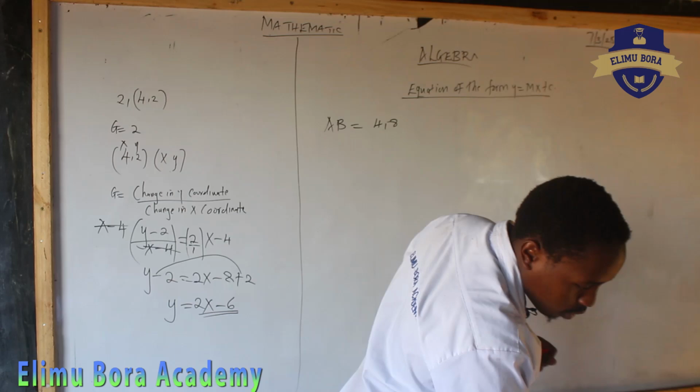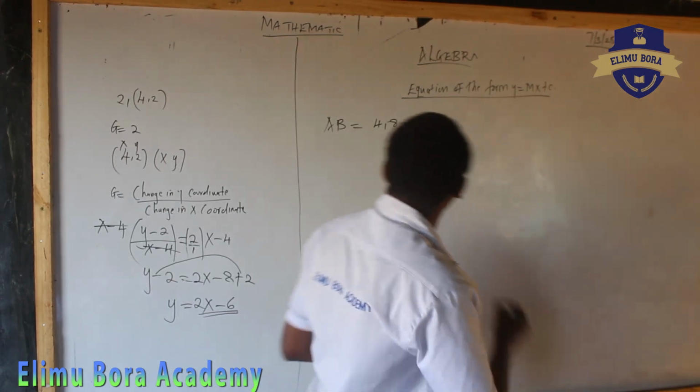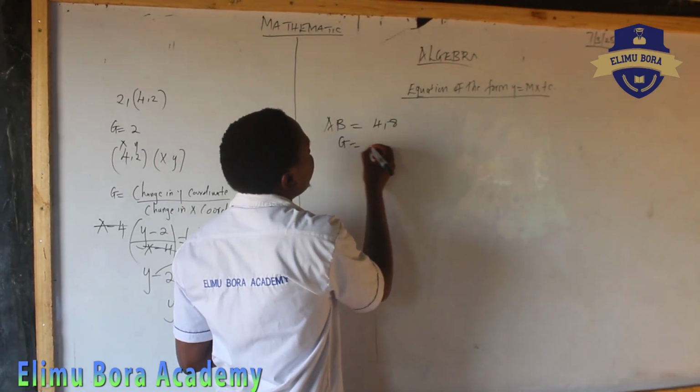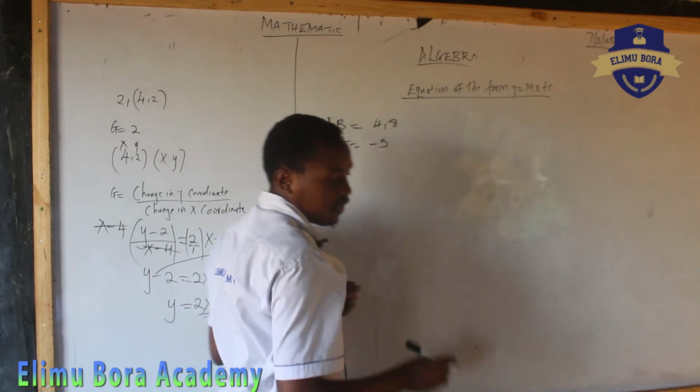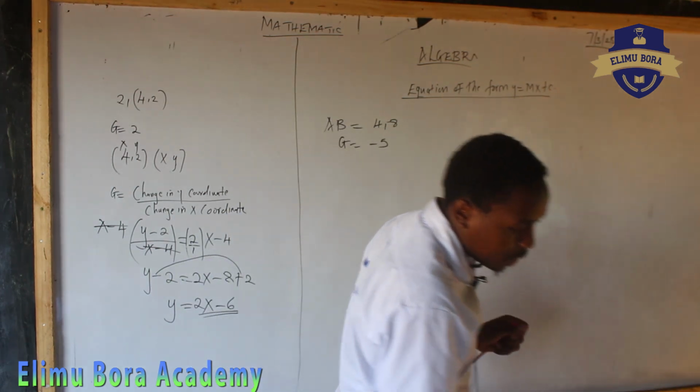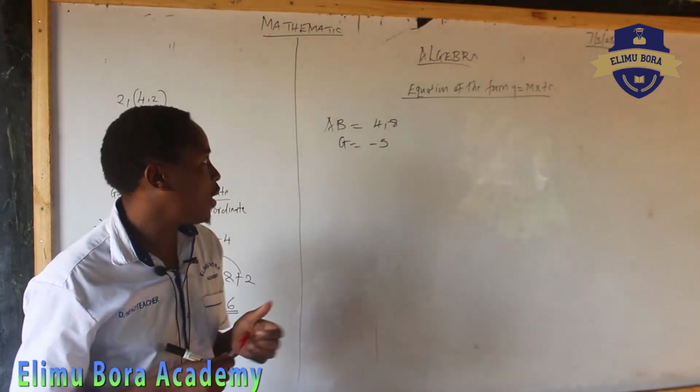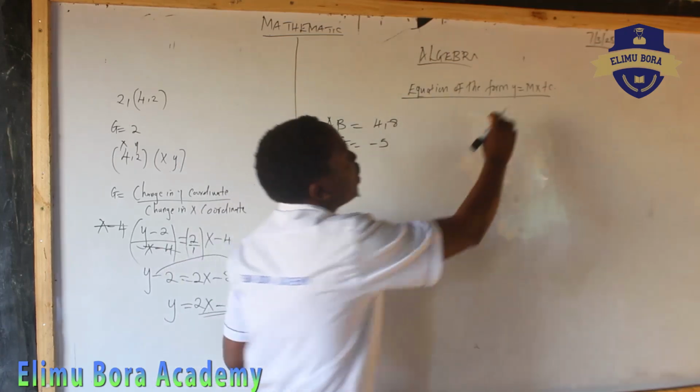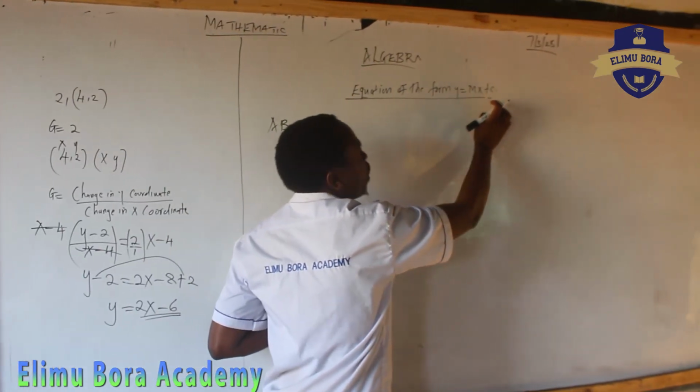Then the gradient of the line AB is -5. So determine the equation of the line. We want to put it in the form of mx plus c.